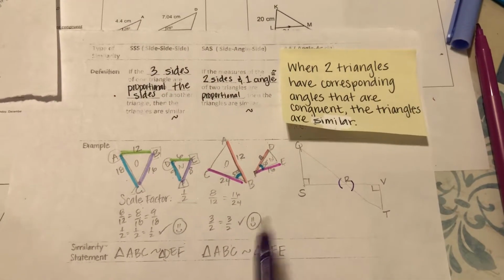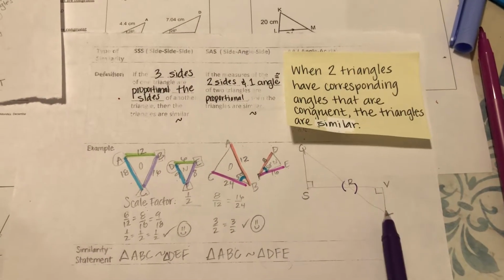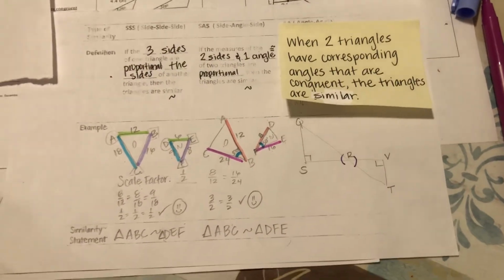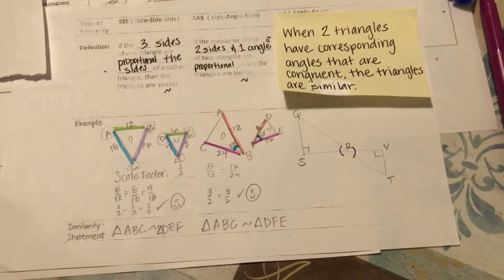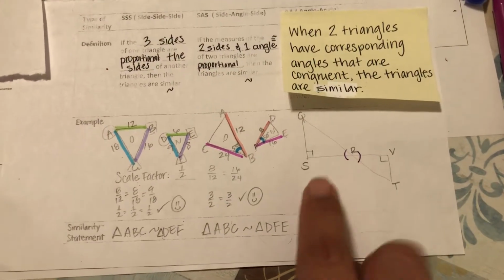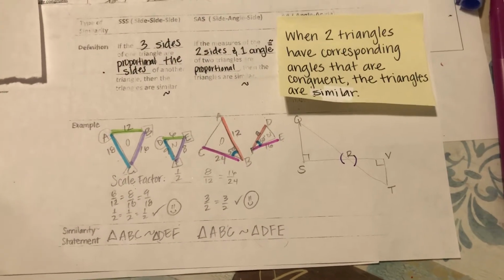Now, if we knew what this was and we did the triangle sum theorem, right here would be the exact same thing as here. But we don't have to do all that. We already know that they're similar because two angles are congruent regardless of what this middle measurement is, because we know that that's 90.